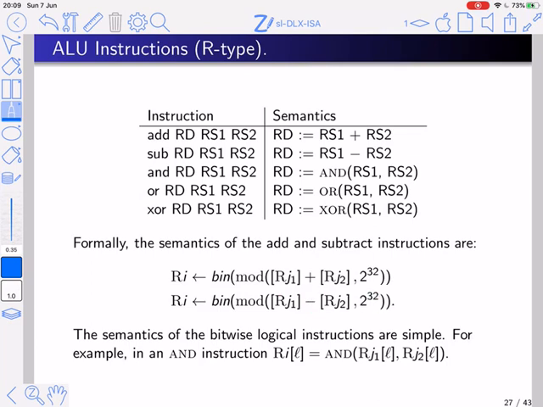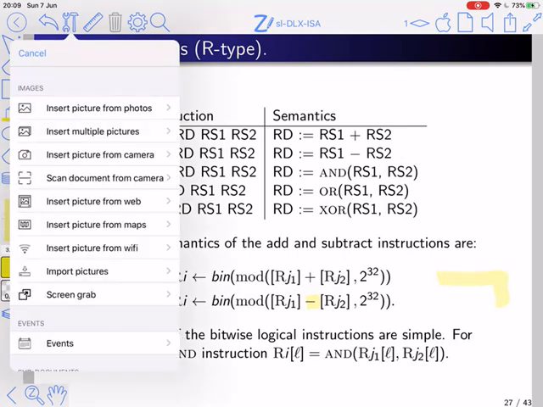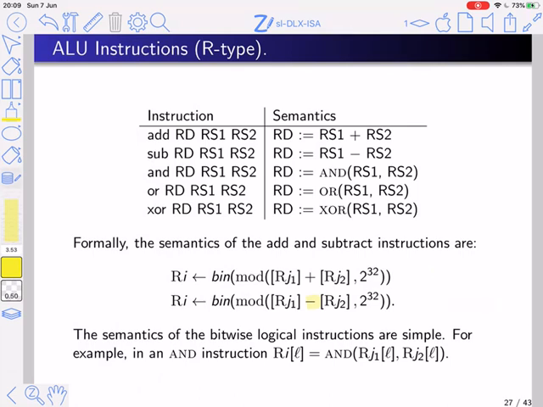And in the case of addition and subtraction, these are the semantics. We already saw them. Notice that in the case of subtraction, the actual computation we're doing is a minus, not a plus. That means that our adder that we showed before, this is the adder I drew before. So it will be given RJ1 and the sign extension of the immediate to 32 bits because the immediate originally is only 16 bits.